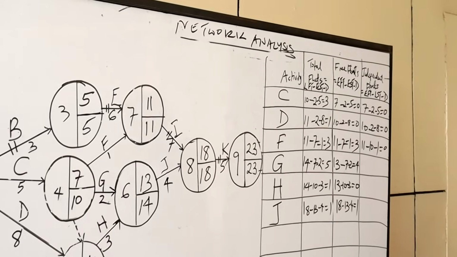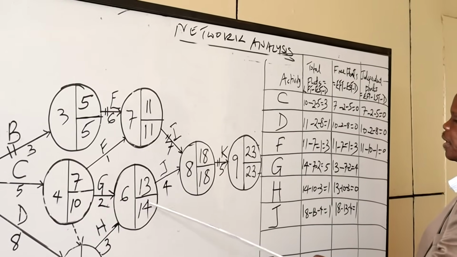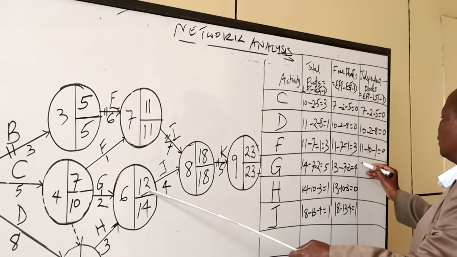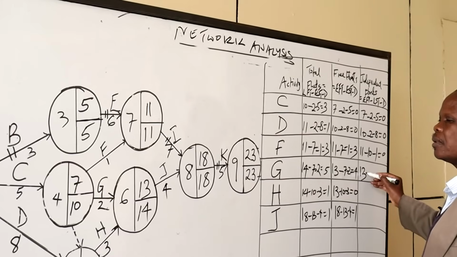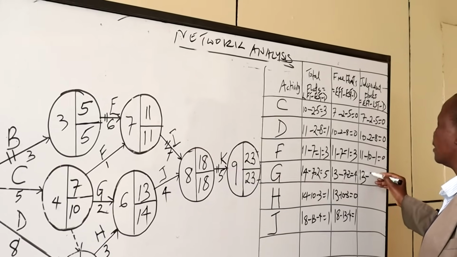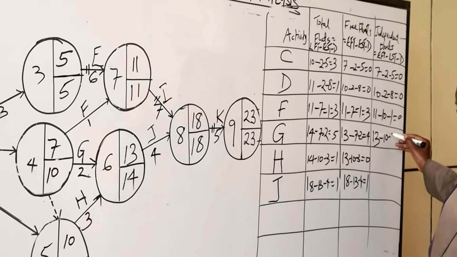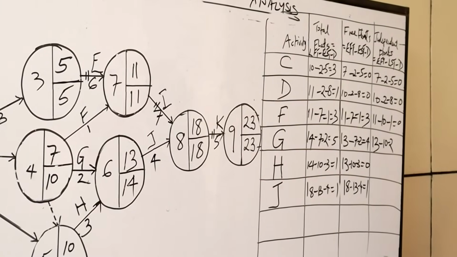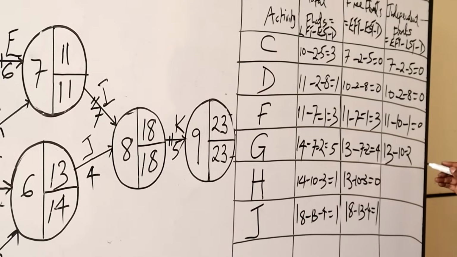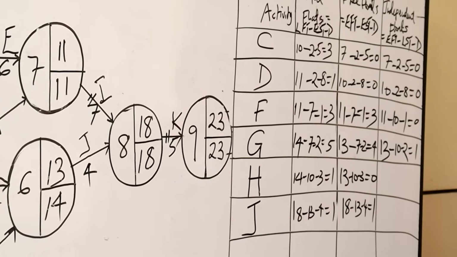Then for G, earliest finishing time for G is 13 minus latest starting time for G is 10 minus 2, which is the duration. So that gives us 1.